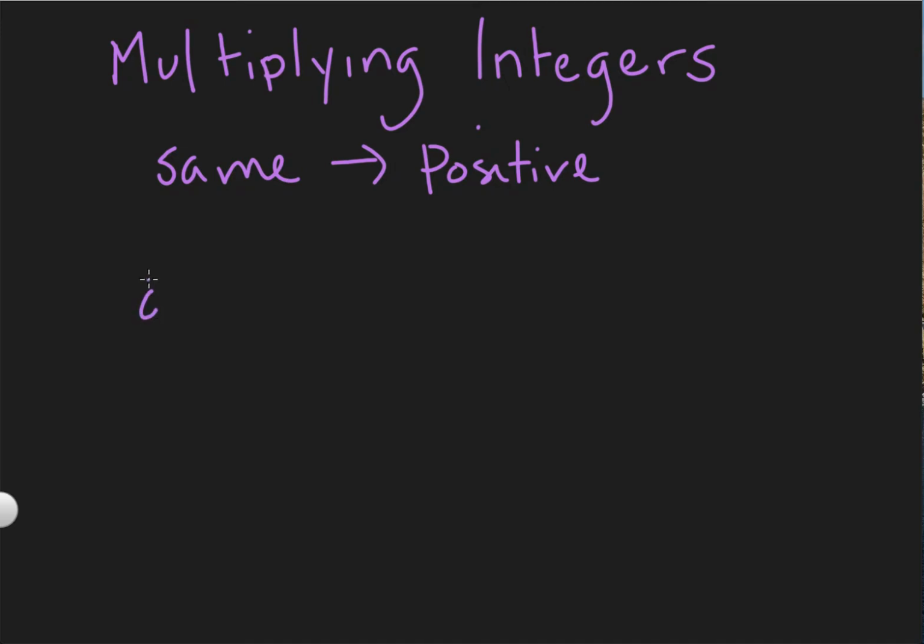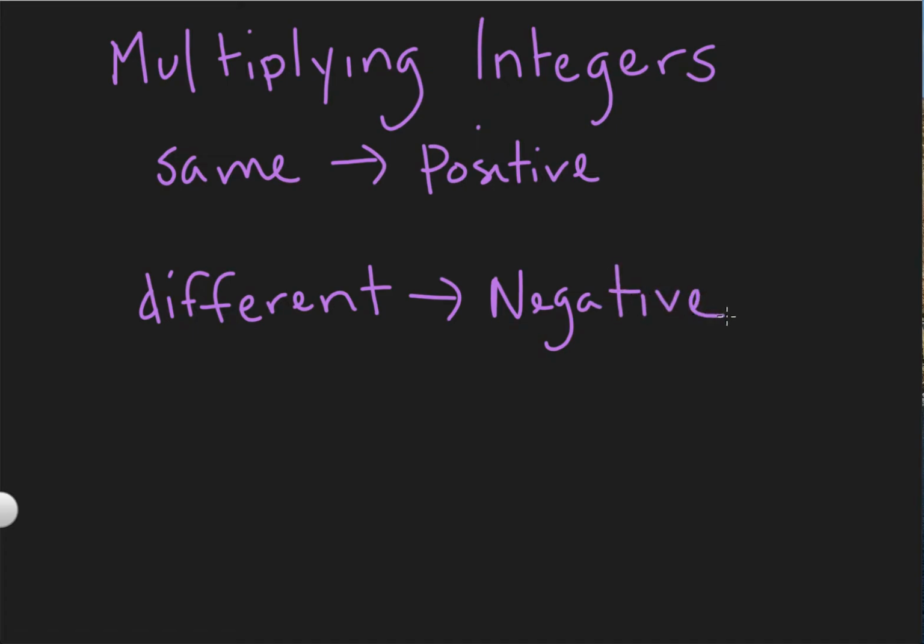If we have different signs, we're going to have a negative. So we can go through several examples looking at these.